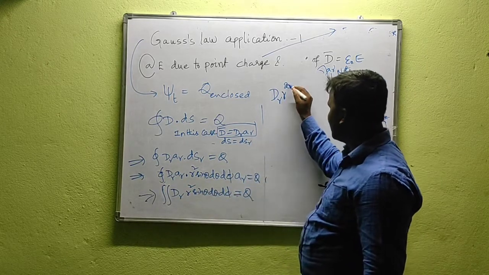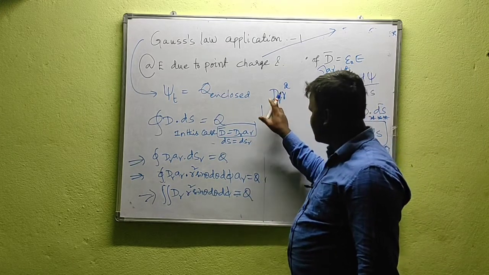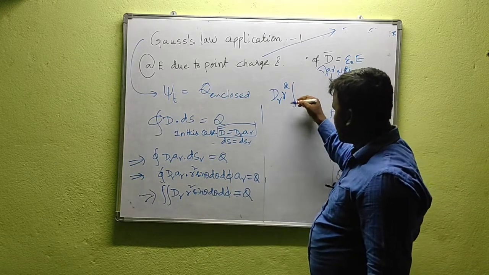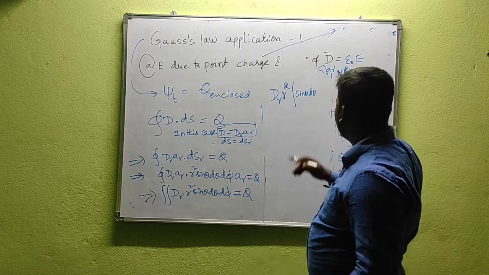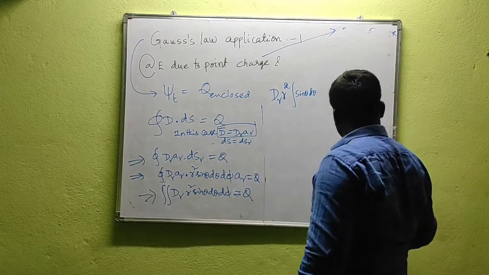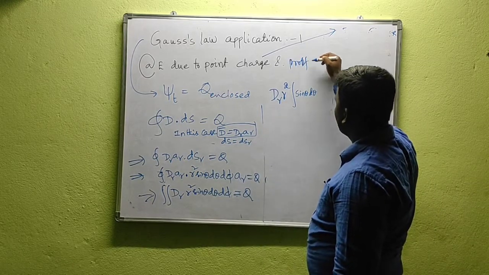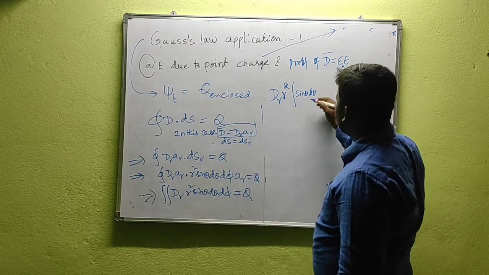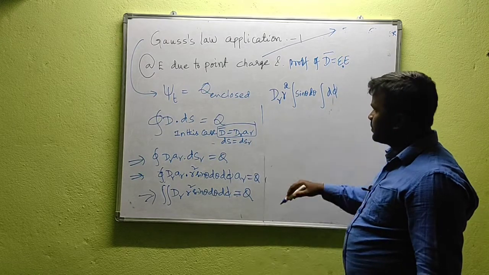Don't cancel this r and this r squared, okay, don't do like that, it is D suffix r, it is r squared. And the integral, let us write down the theta component, sin theta d theta, and this one is d phi.